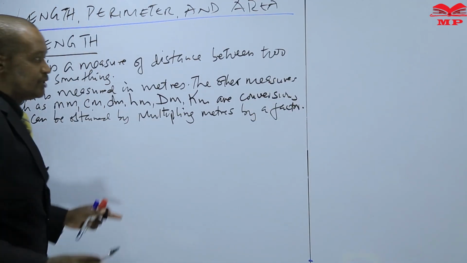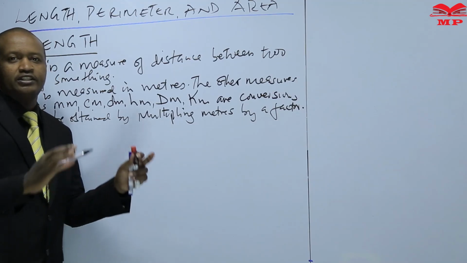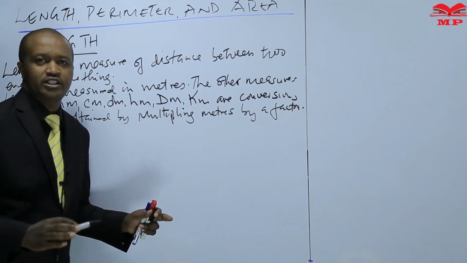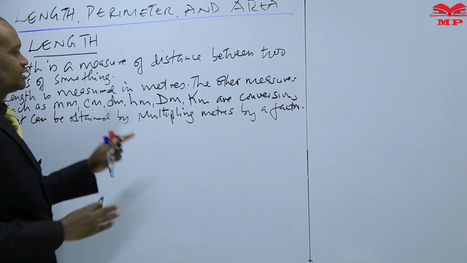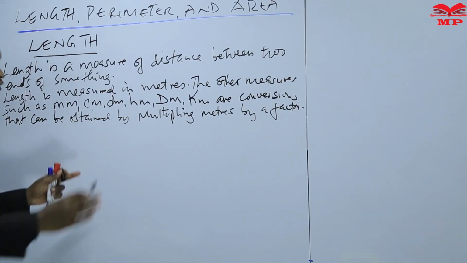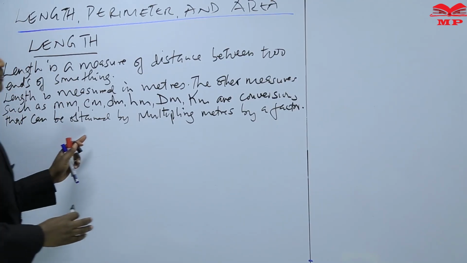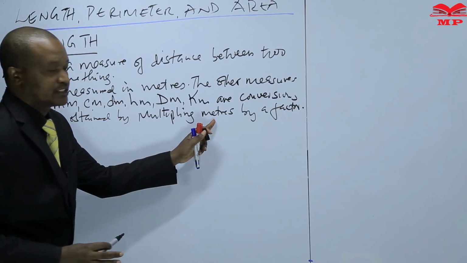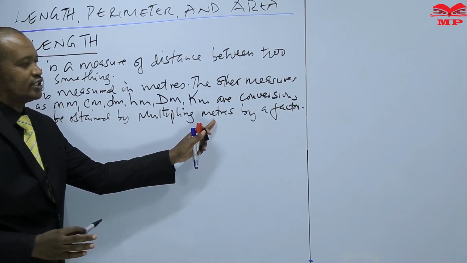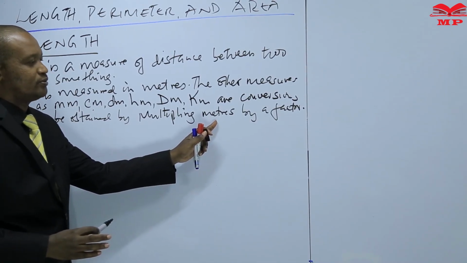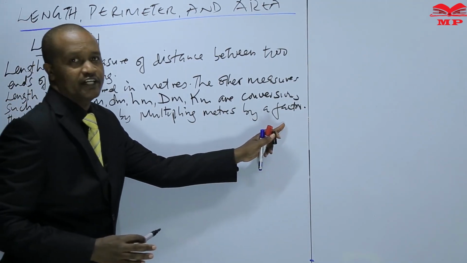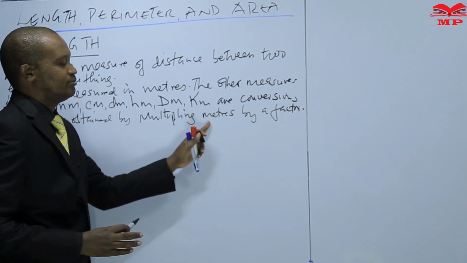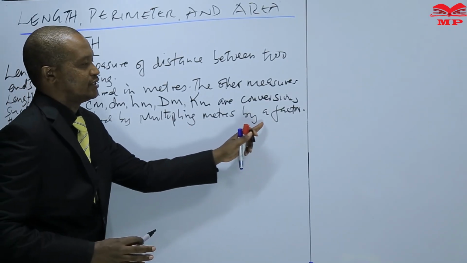There could be other measures like the millimeters, the centimeters, the hectometers, the decimeters, the decameters. These other measures are just conversions of meters, and we can do that conversion by multiplying meters by a certain factor.